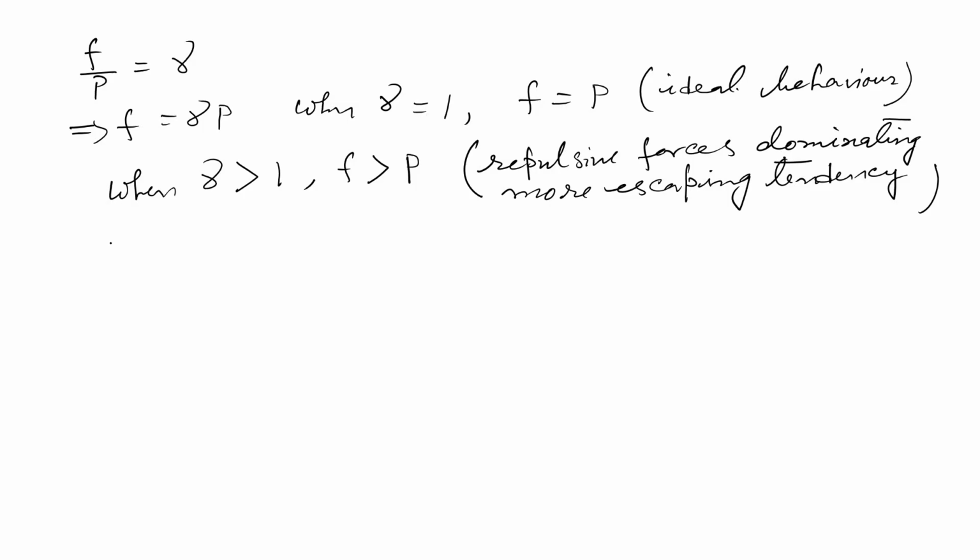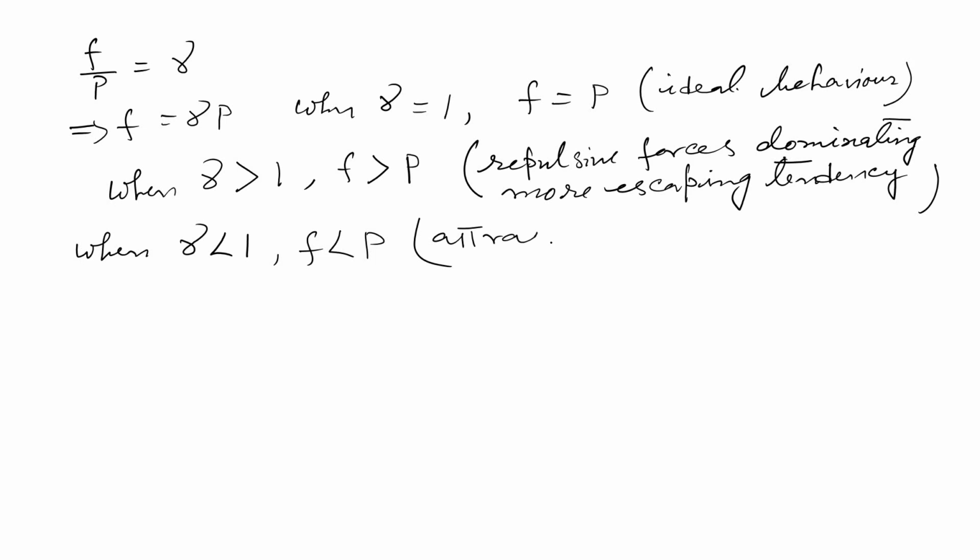Right? And then when gamma is less than 1, gamma less than 1 means F is less than pressure. In that case, the attractive forces between the molecules are dominating.